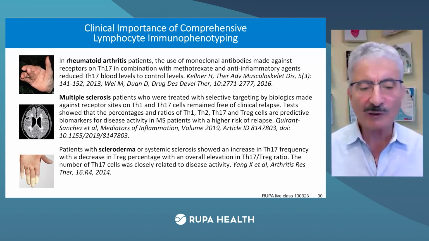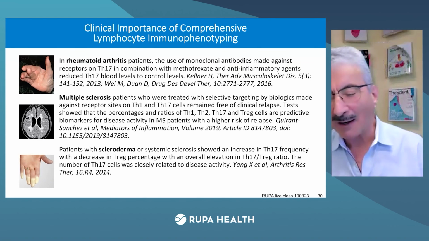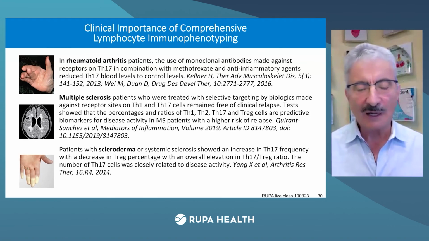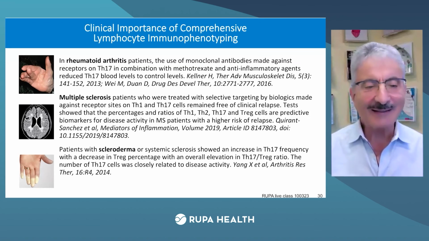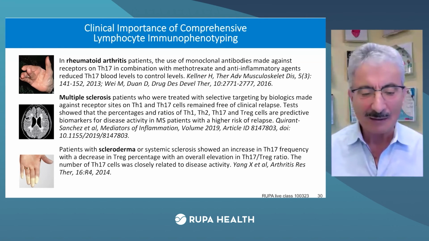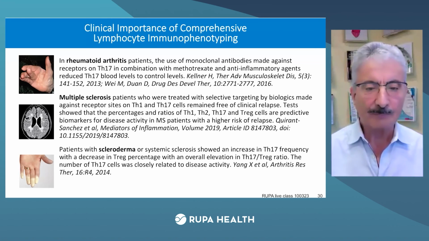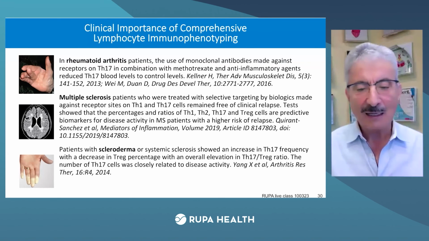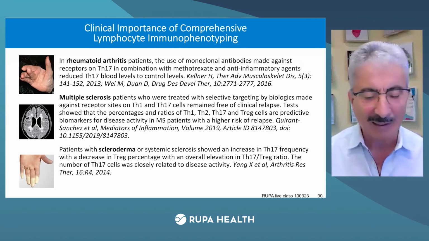looked at patients with rheumatoid arthritis, multiple sclerosis, scleroderma, and many other autoimmune diseases, when they looked at overall Th1, Th2, and Th17, they found elevation in Th1 and Th17 in many patients with autoimmunity. Not only abnormal Th1 and Th17, but downregulation or a low number of regulatory T cells.